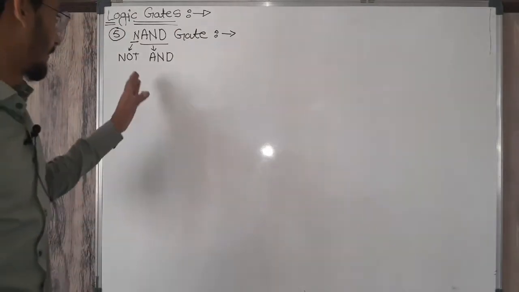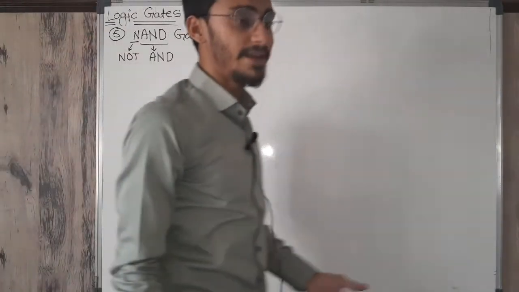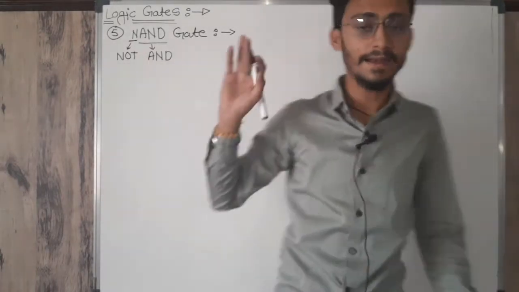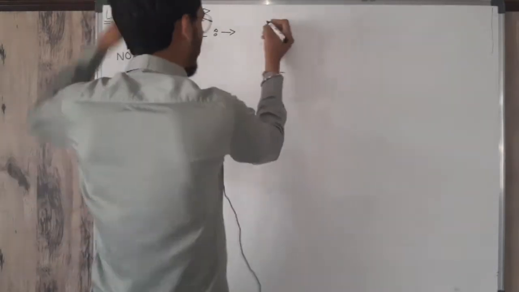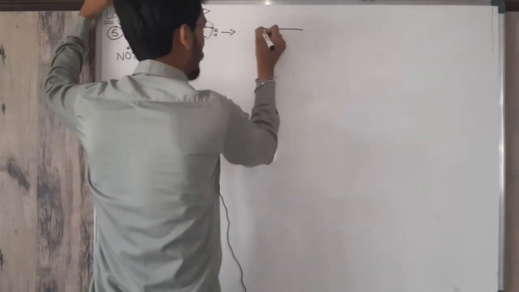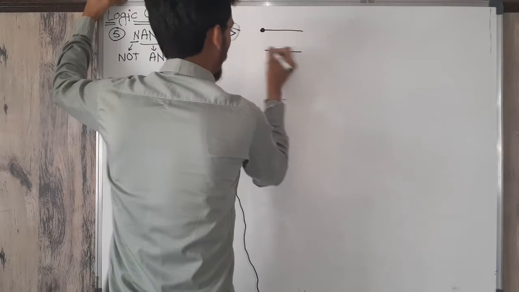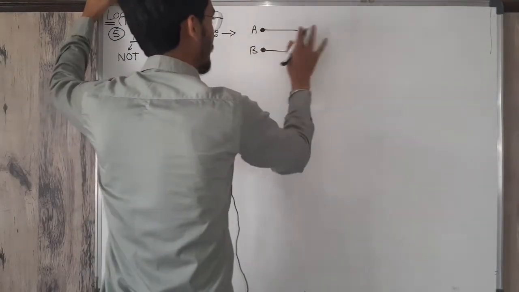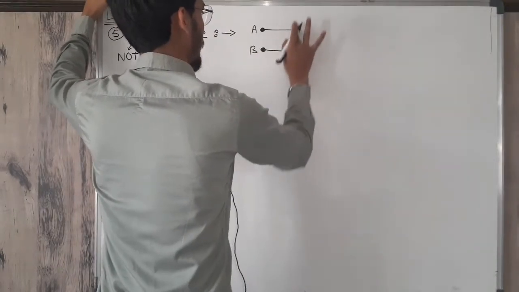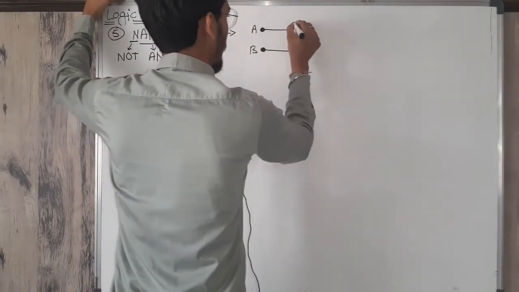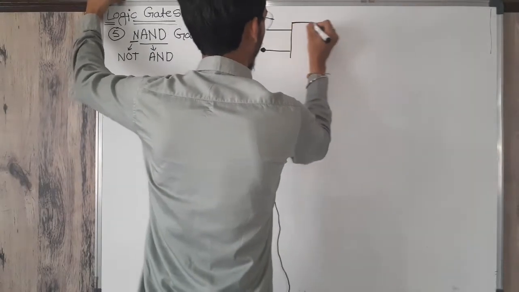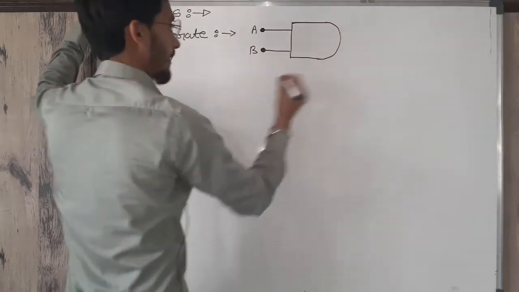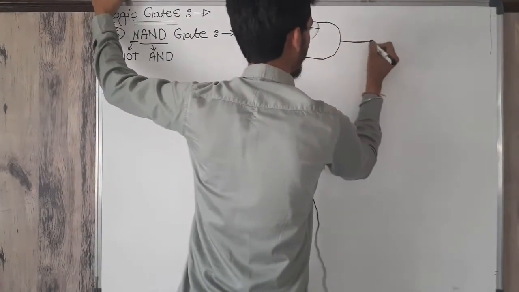So when we combine an AND gate and a NOT gate in series combination, we find a NAND gate. So the representation of the NAND gate is like this. Suppose we have two terminal points that are the inputs for the NAND gate, and this is the output for the NAND gate.